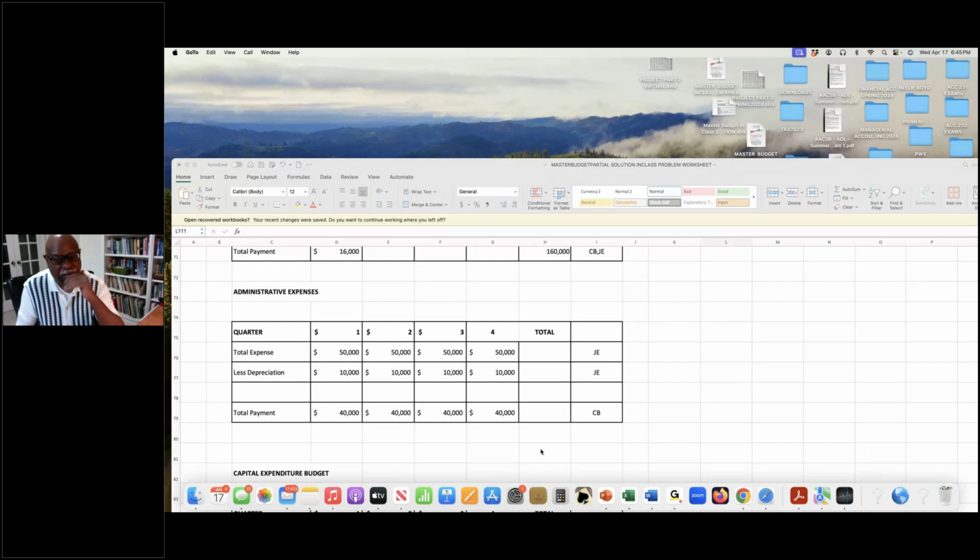The first total was 200K. 200,000? Depreciation was what? Is that 40,000? Like 40,000 to me. So the total payment is what? Is it 320,000?